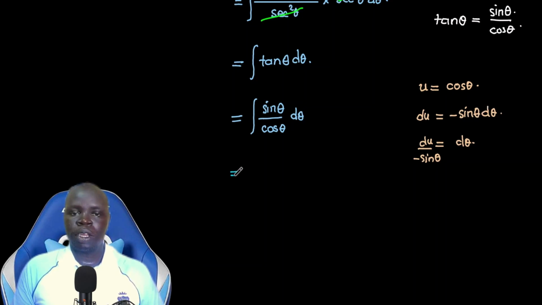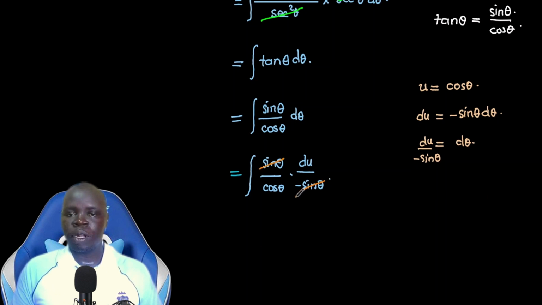Now this is equivalent to the integral of sine theta over cos theta times du over negative sine theta. So from here we can cancel our sine from the numerator and this sine from the denominator.